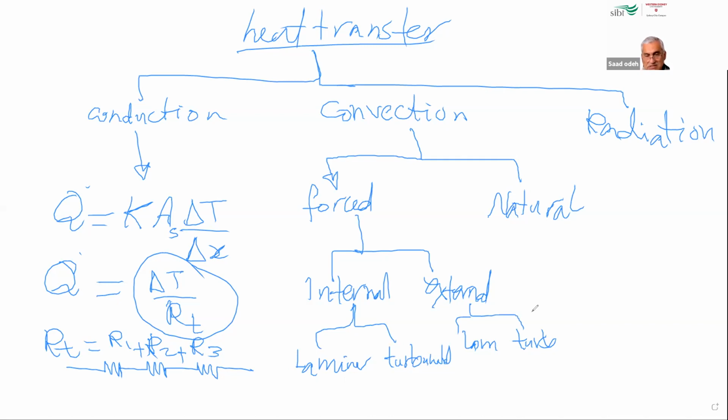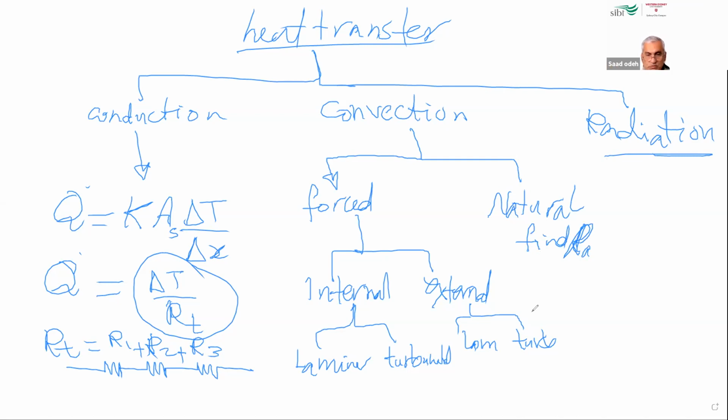For natural convection, we don't have cases; you only need to find the Rayleigh number, and from the Rayleigh number you can find the equation. And the last one is radiation. We're going to take the simple form of radiation between a surface and the surroundings.